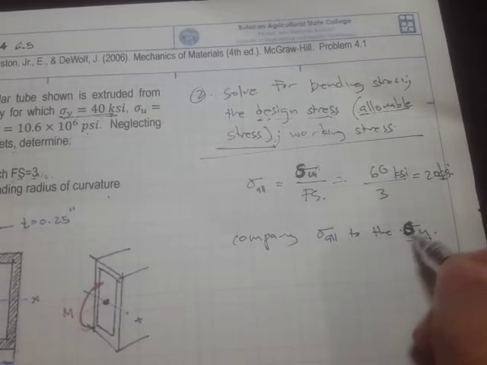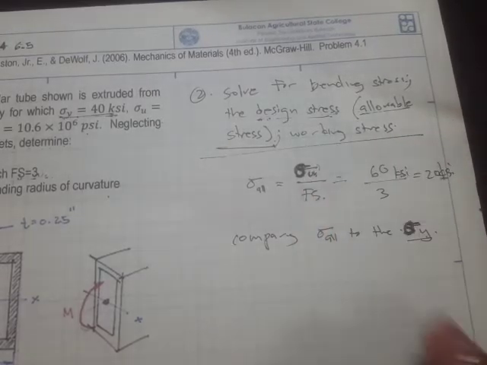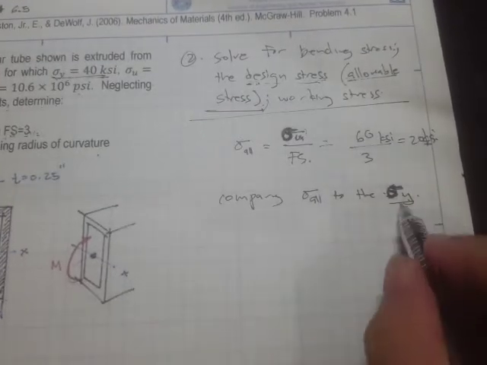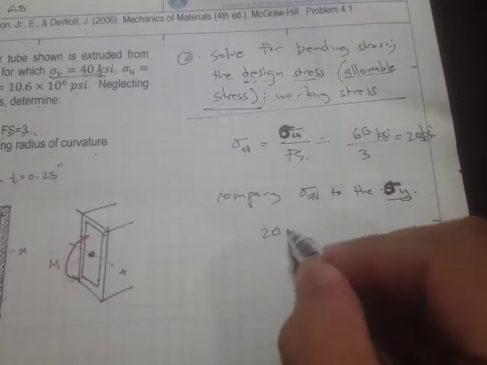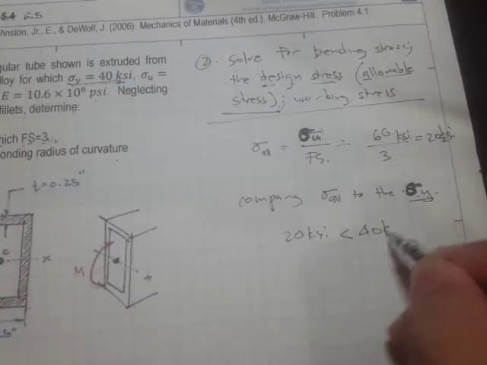Okay, let's just maintain the sigma because that's what the book used. So sigma y. Let's compare this: 20 ksi is less than the value of sigma y, which is 40 ksi.